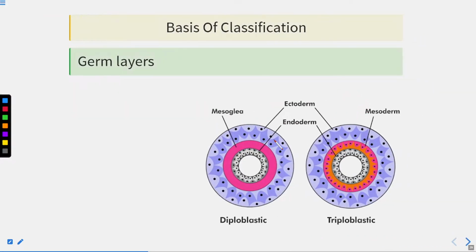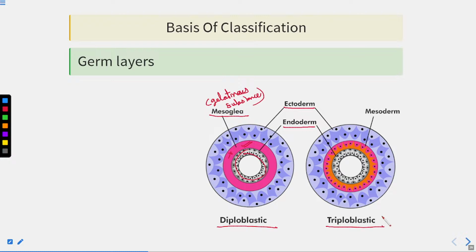So here you can see in diploblastic, the outermost is the ectoderm. Here the innermost is the endoderm, and this pink color is the mesoglea. So here there are no cells, this is just a gelatinous substance, right?